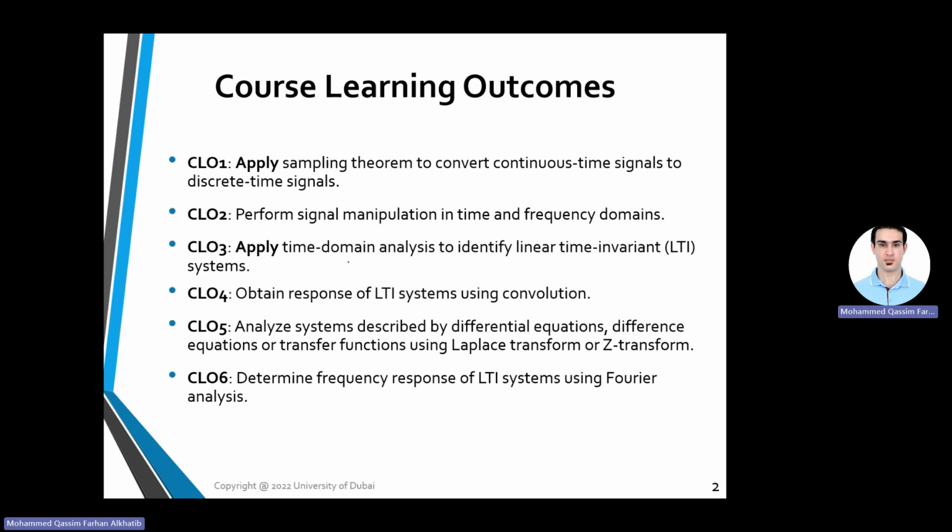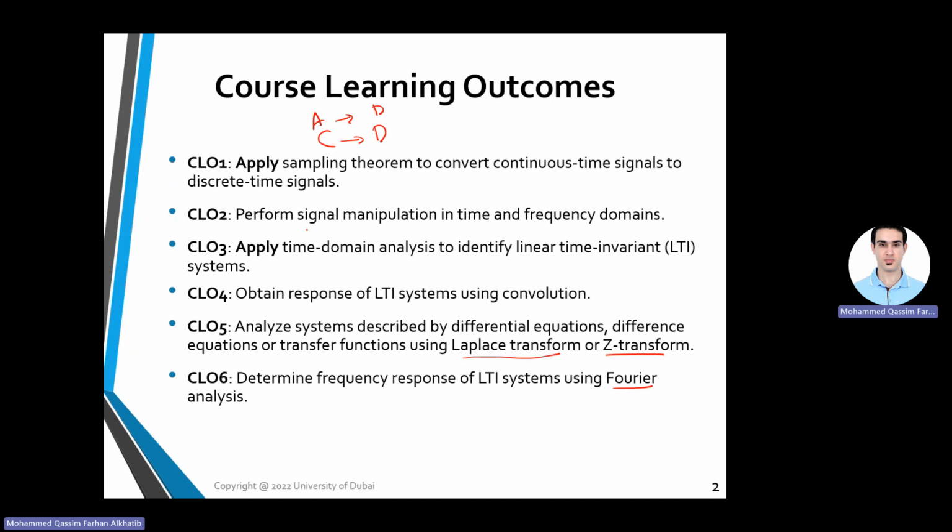This course, actually, the major, let's say, credit will go to what they call the transforms. We have Laplace, we have Z transform, we have Fourier. At the beginning, we'll apply sampling theorem to go from continuous into discrete, or what we call analog into digital.